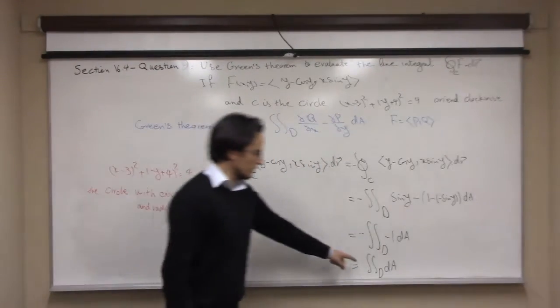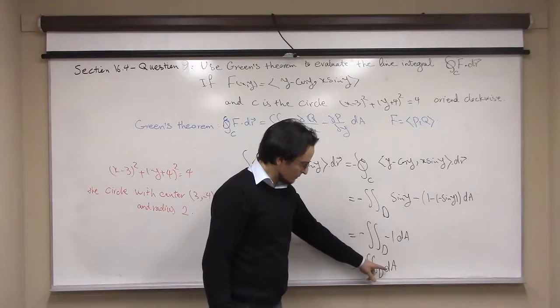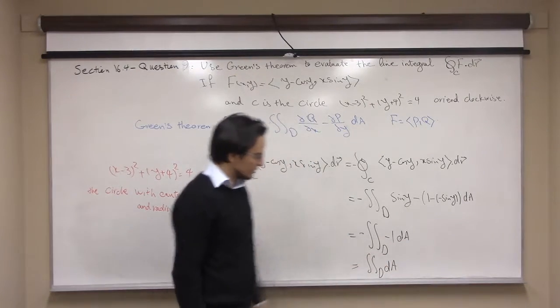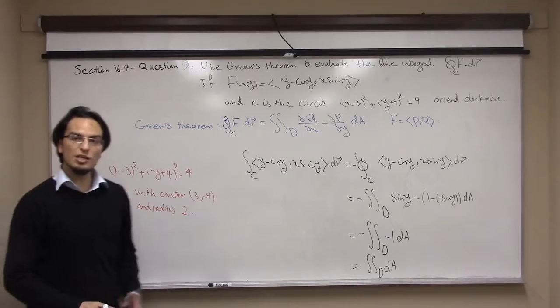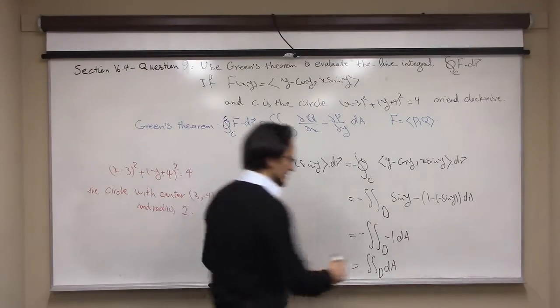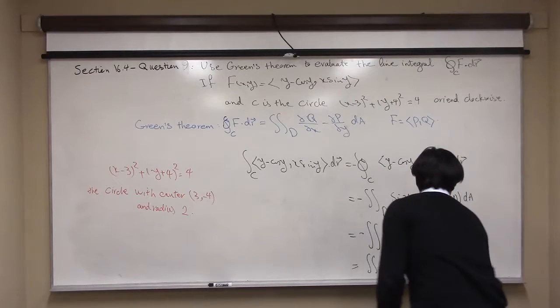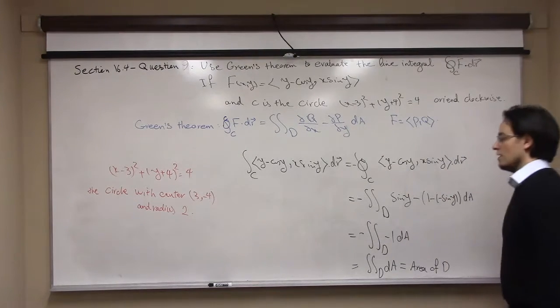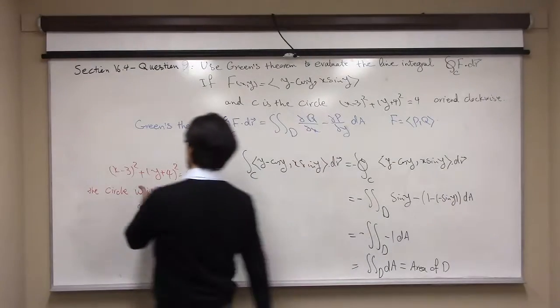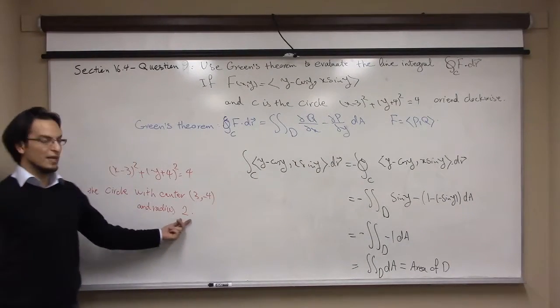What is that integral? I have a region, and I'm integrating 1 over that region. That means it is equal to the area of the region. But what is the region? The region is a circle of radius 2.